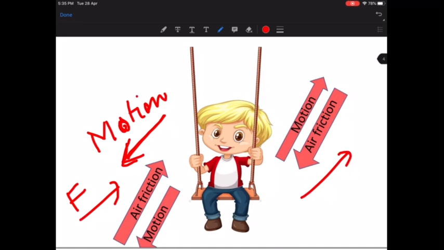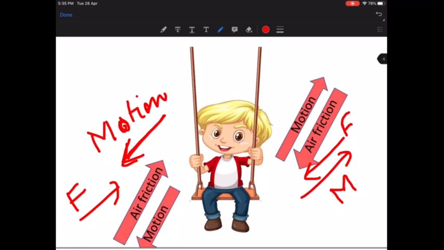Again, same way, when the swing goes back, so if this is the motion of the swing while going back, then there is a force which is known as frictional force, which is acting in the forward direction. So when the swing goes back, there is a force which is acting in the opposite direction.